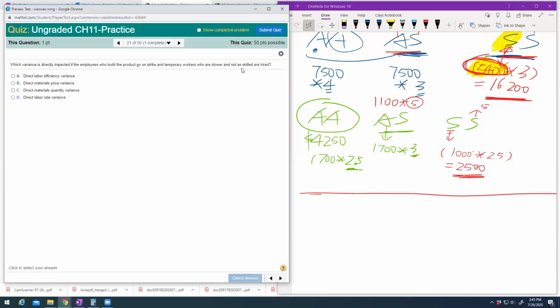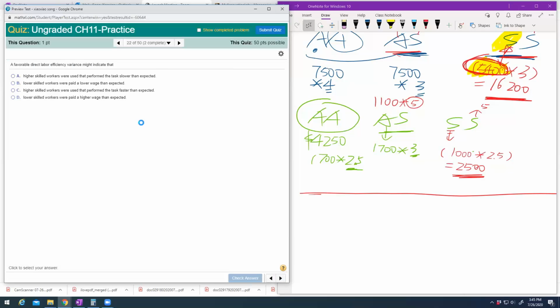If you hire slower and not skilled employees, you have to use more time. They are not efficient. So it is related to direct labor efficiency variance, and we will have the unfavorable result.